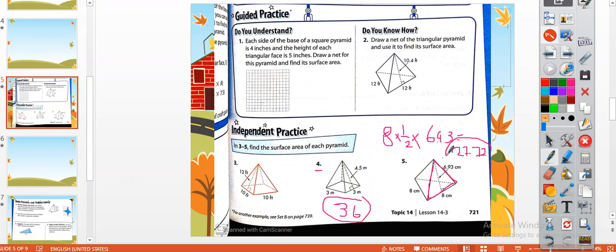This is the area of one face. Then by just multiplying this number by 4, which is the number of faces, you will get the answer of 110.88. Okay, let's move to the next page.